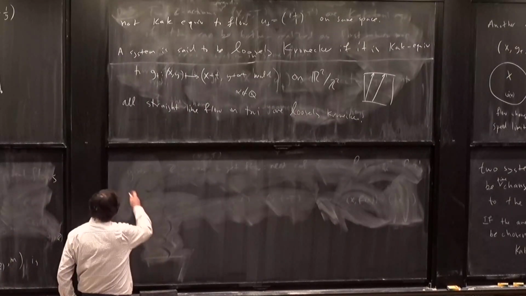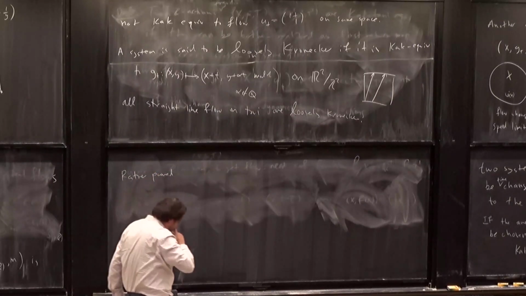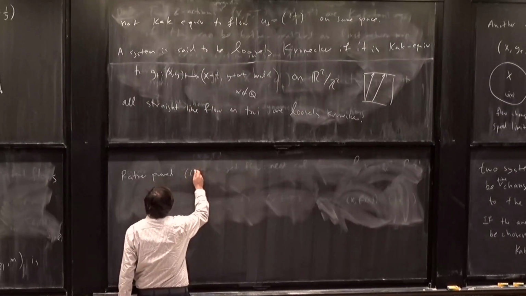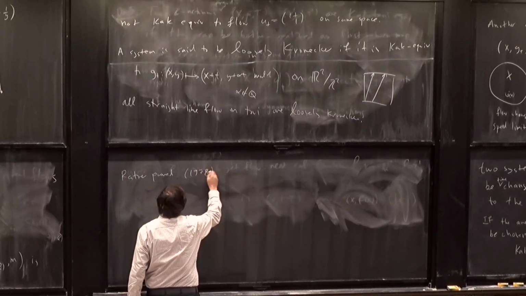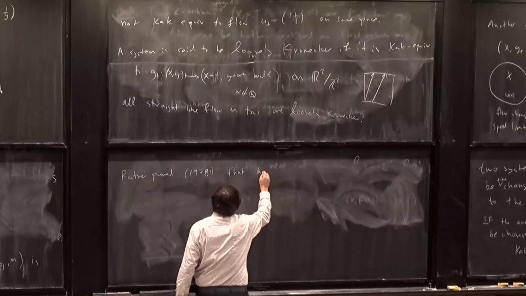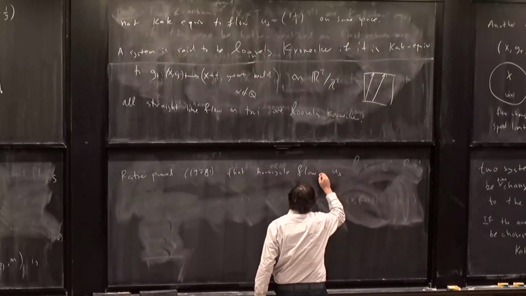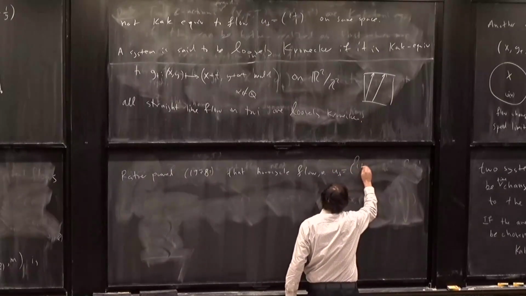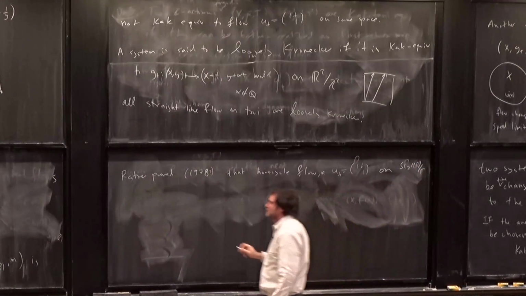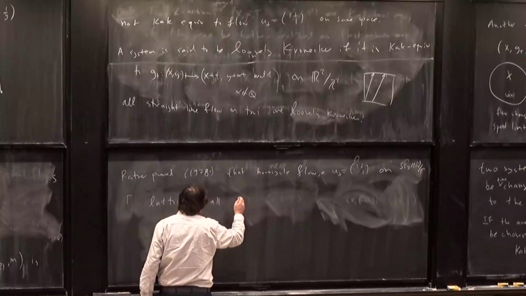But Ratner proved, maybe I have the year wrong, give or take, maybe 1978, that the answer is that unipotent flows, that the horocycle flow, which is how I would call this action of this one parameter group on SL2R modulo gamma, gamma a lattice, are all loosely Kronecker.